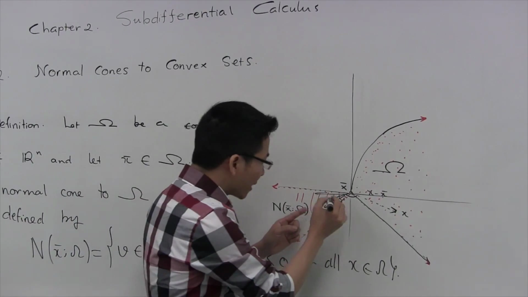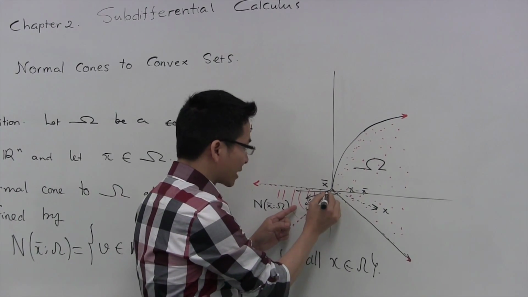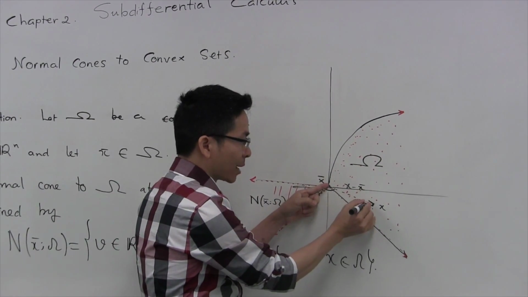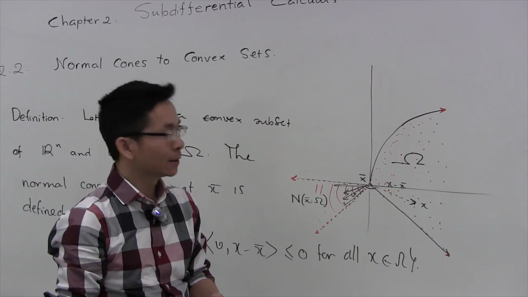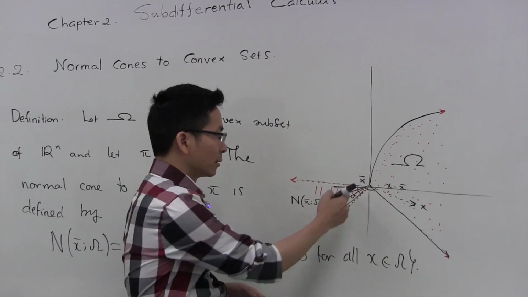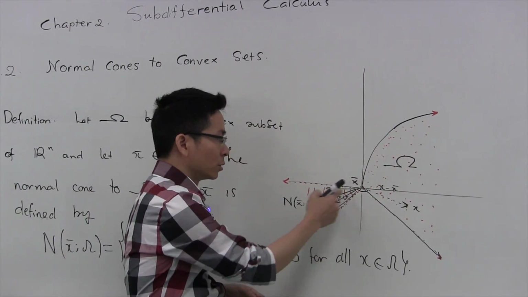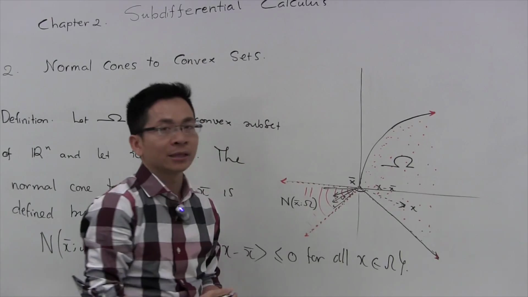That means the angle between the vector v and x minus x bar is greater than or equal to 90 degrees. And therefore this is the normal cone to the set omega at x bar.